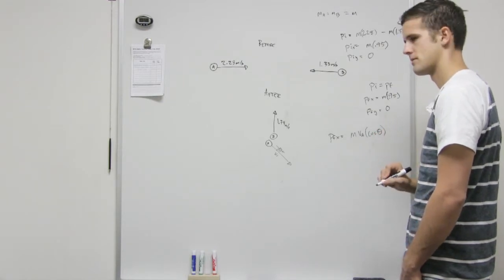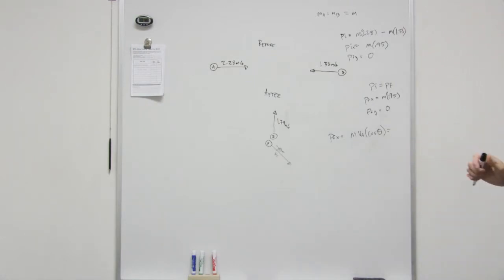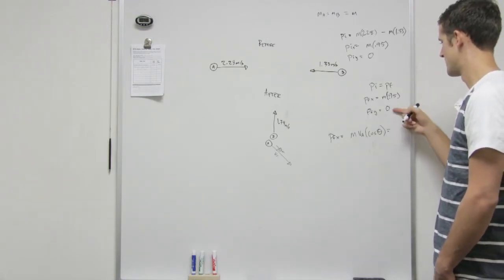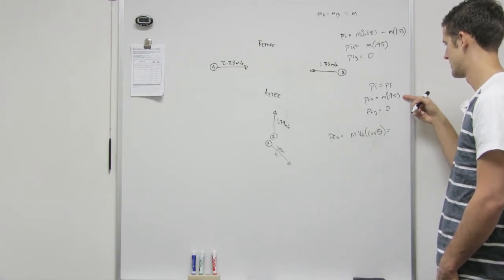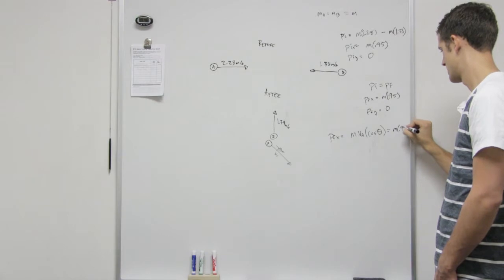What does that equal? If it was the y, it'd be equal to 0. But this one equals m times 0.95.